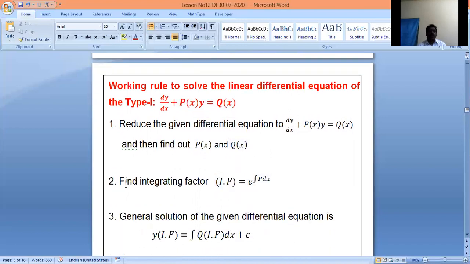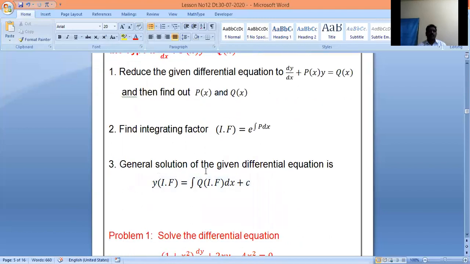Number 2, find the integrating factor IF is equal to e to the power of integration p dx. Number 3, the general solution of the given differential equation is y into IF is equal to integration of q into IF dx plus c.